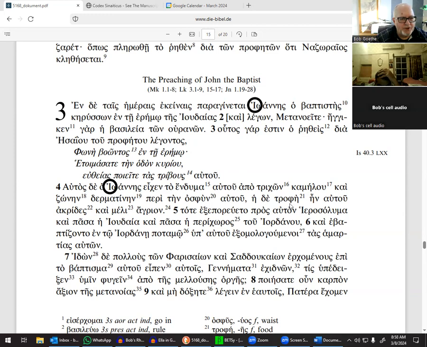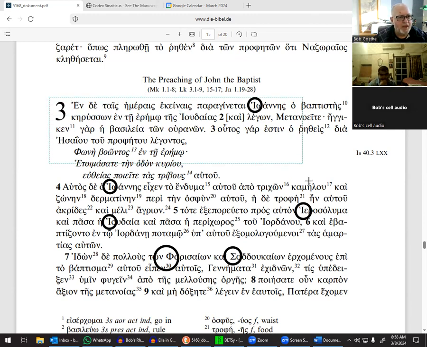Here's Jerusalem. Jerusalem is a proper name. Judea is a proper name. Jordan. We've got Pharisees as a proper name. So these are all additional uses of uppercase letters.